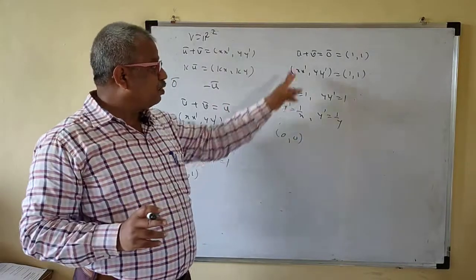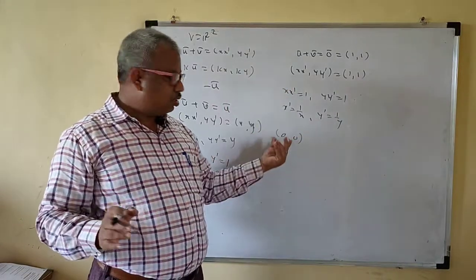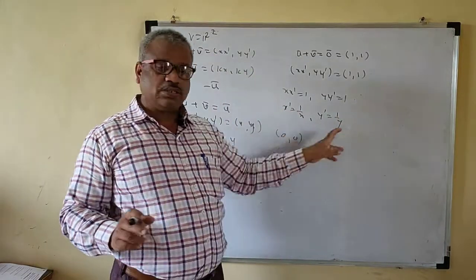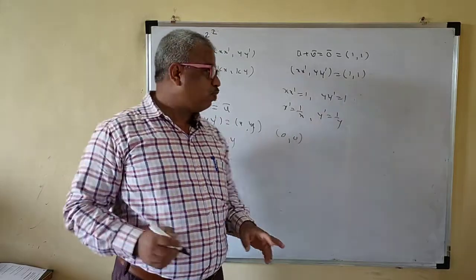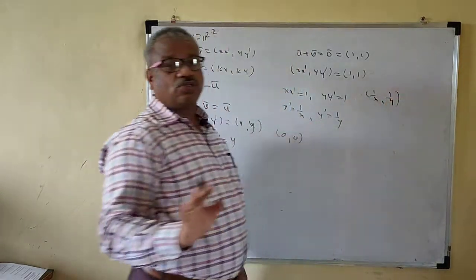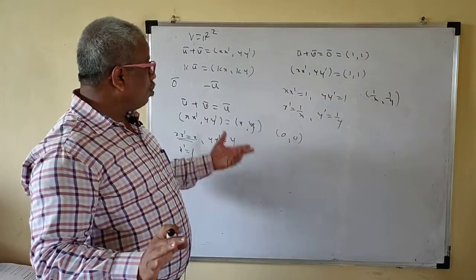And suppose this x prime, y prime is not the 0 vector. Suppose this is a non-zero vector, then for non-zero vectors it is 1 upon x, 1 upon y, except the 0 vector. Now it is not only the 0 vector.